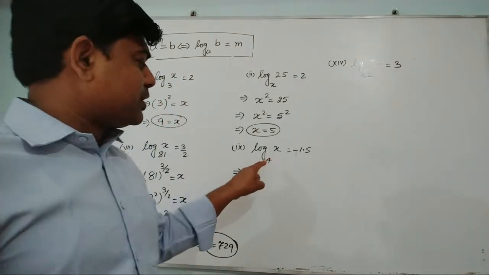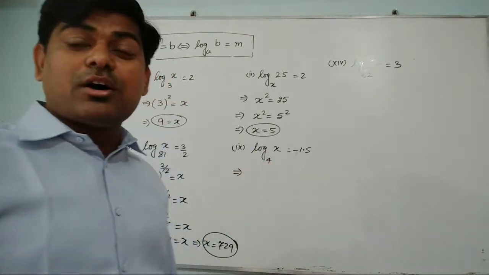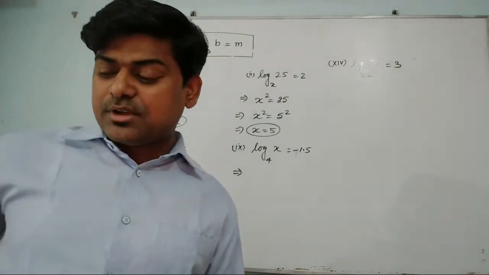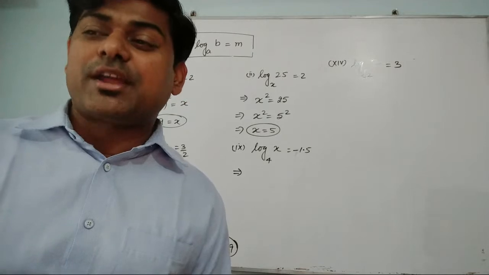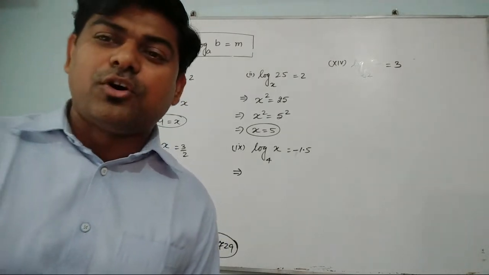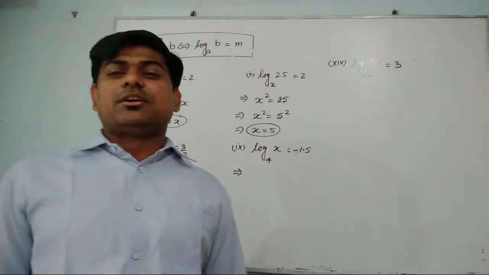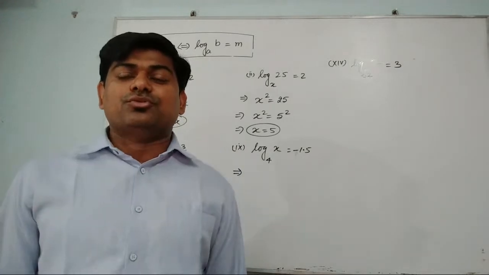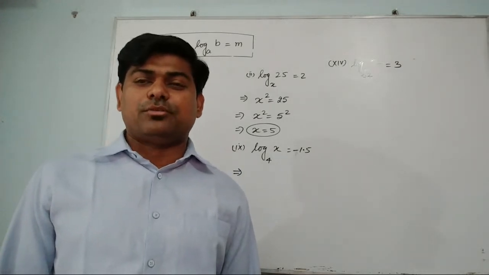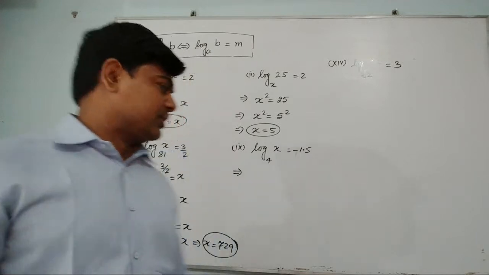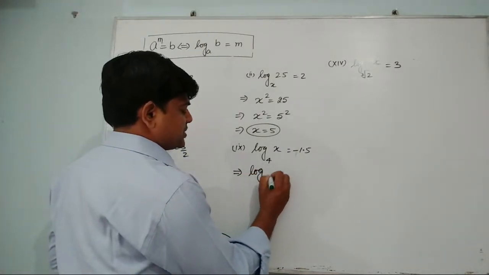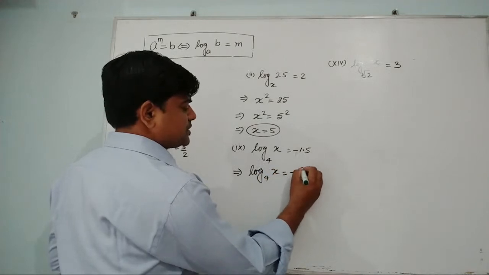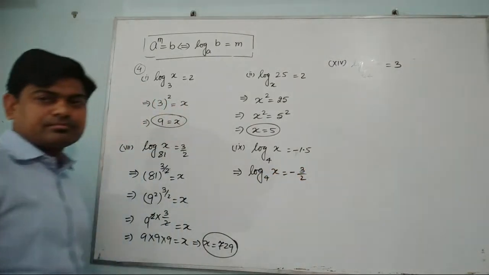When we simplify, we will get 4 to the power minus 1.5, and if the power or indices come in decimal form, it can be a little bit problematic for you. So we can convert it into fraction form. We can convert easily. Let me tell you one line, and then I am going to convert the same thing in indices form. It is 3 upon 2.